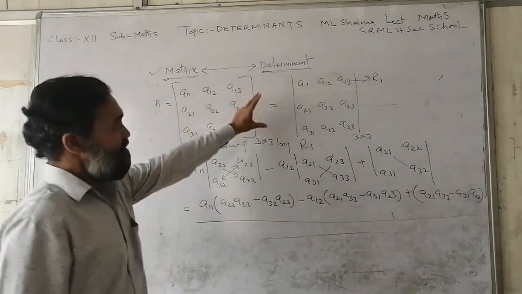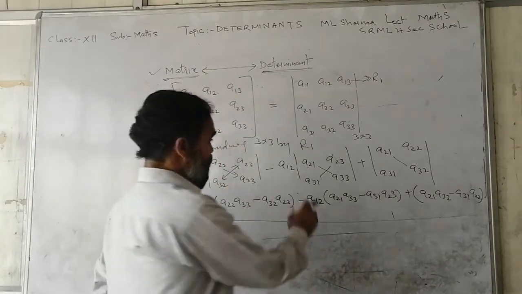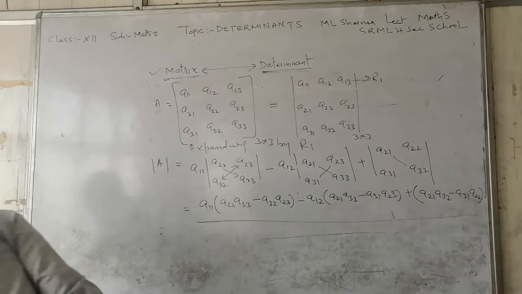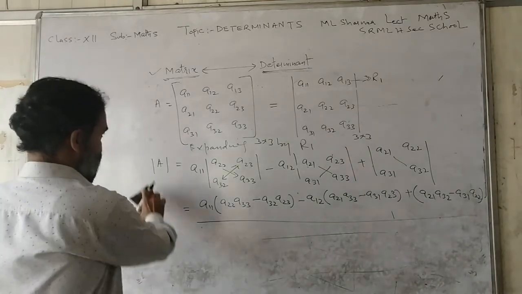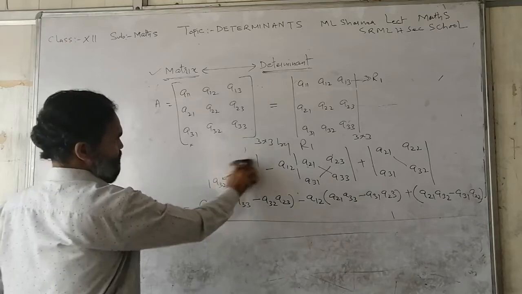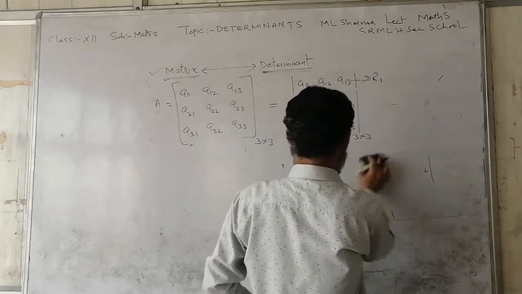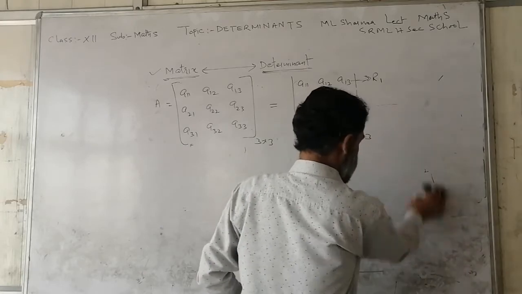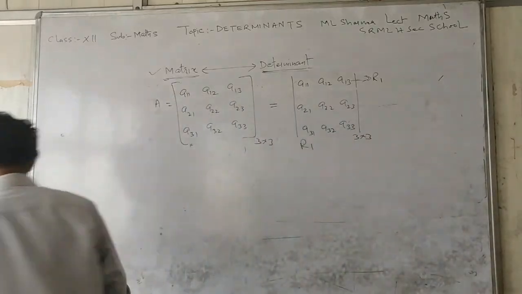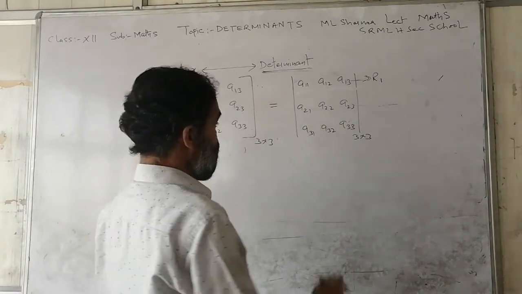Now this 3 by 3 matrix can be expanded by other rows and columns also. So how can I expand this? There are 6 ways by which I can expand this determinant. So what are those 6 ways?